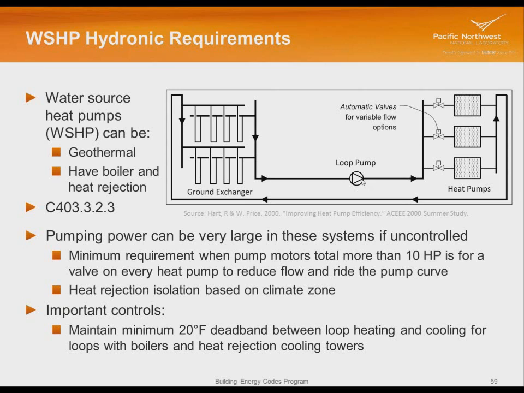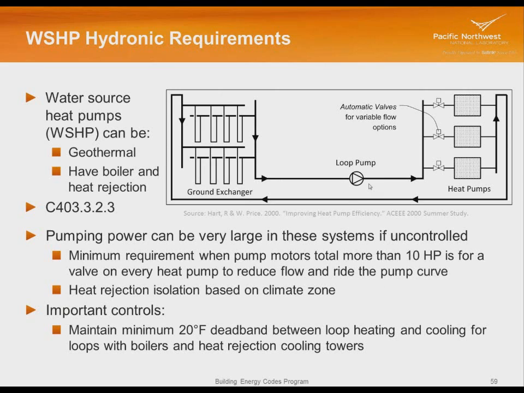We've got a loop pump here that gets that neutral temperature water out to all the heat pumps, and they convert that energy. If they're heating, they're going to cool down the loop water. If they're cooling, they're going to warm up the loop water, so they help recover heat from one to the other, and that water keeps going around the loop.